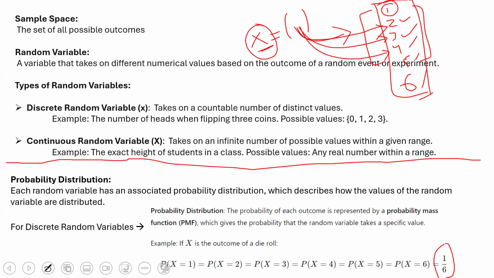So you calculated the probabilities and represented them on a graph, which shows the distribution of the random variable picking a particular value. That is called probability distribution. The probability of each outcome is represented by the probability mass function, which gives the probability that the random variable takes a specific value.